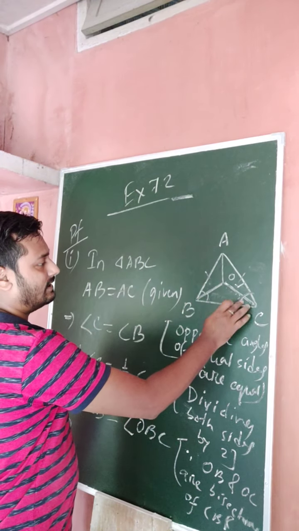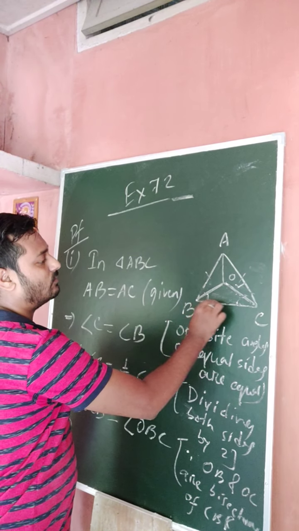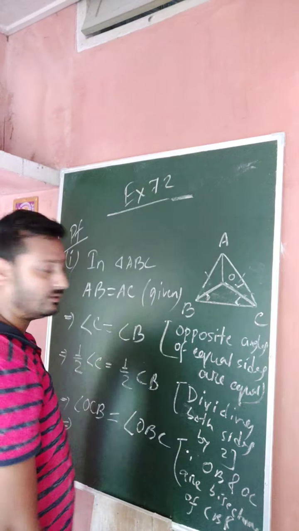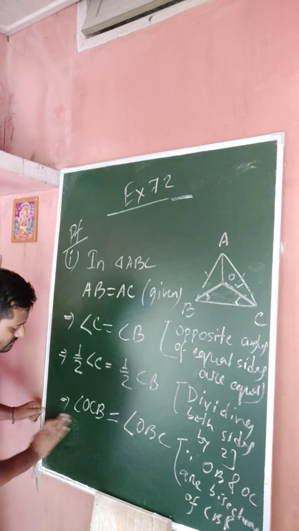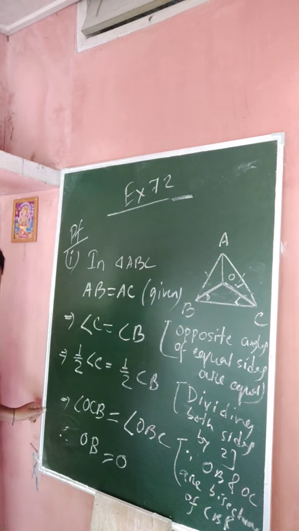Now OCB, that means this angle and this angle are equal. So in the triangle OBC, look at this one. If this angle and this angle are equal, then opposite sides are equal. Therefore OB equal to OC.